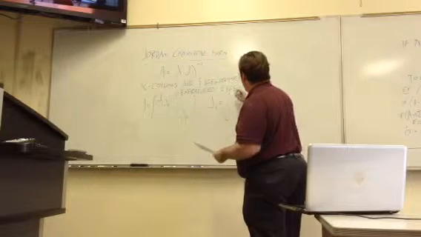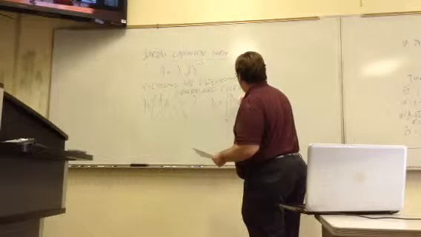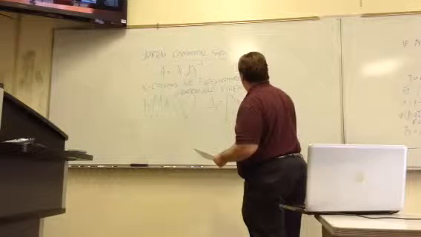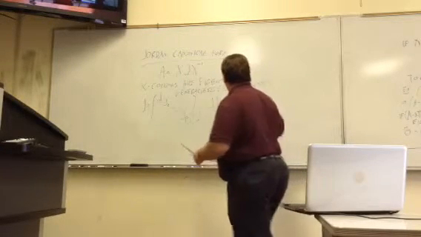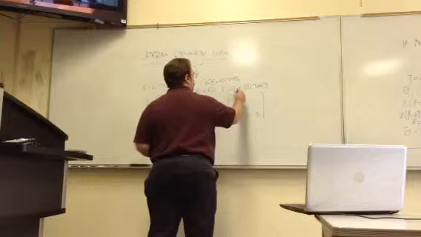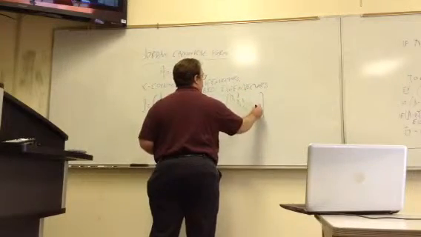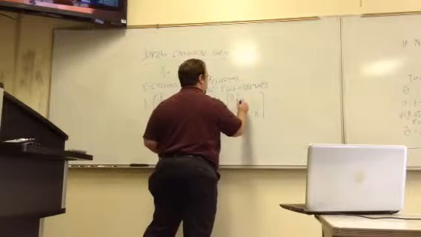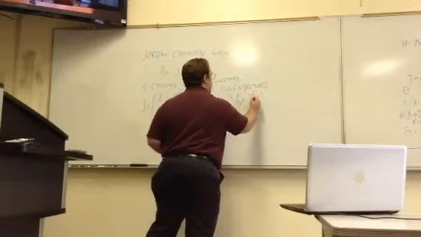It is upper triangular, and it has the same eigenvalue all the way down the diagonal, and then it has ones along the super diagonal, and everything else is 0.